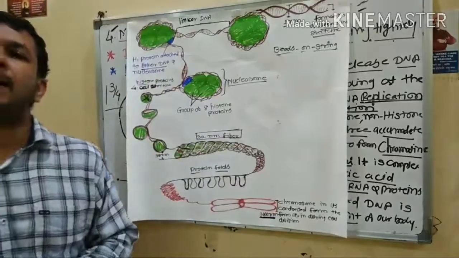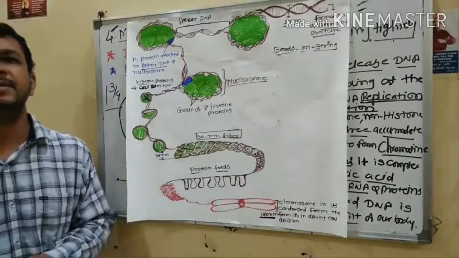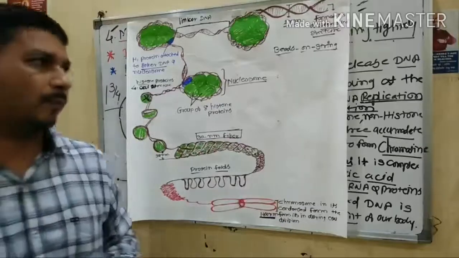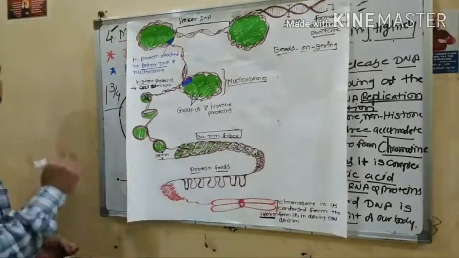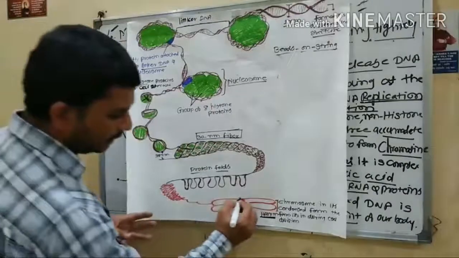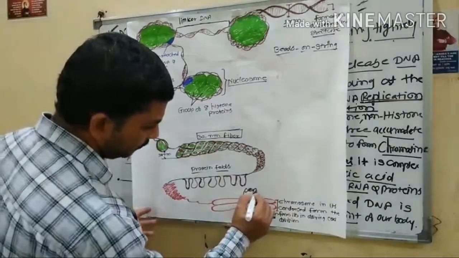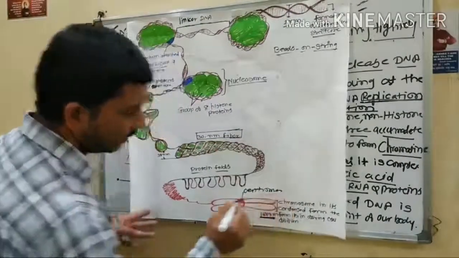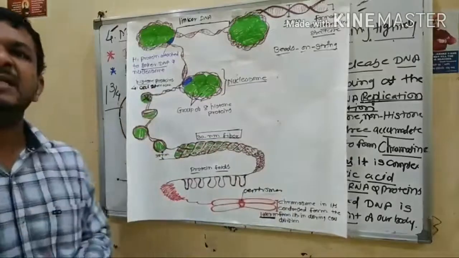These regions are localized near the centromere of the chromosome. Here is the centromere, and all these are present near the centromere.